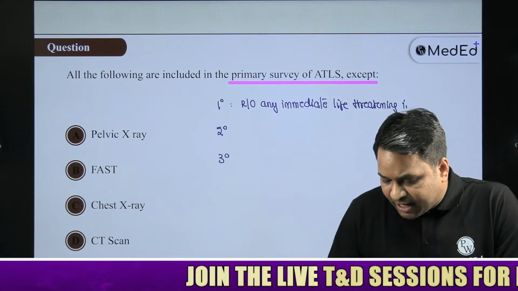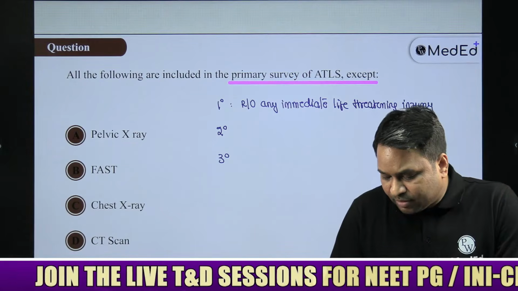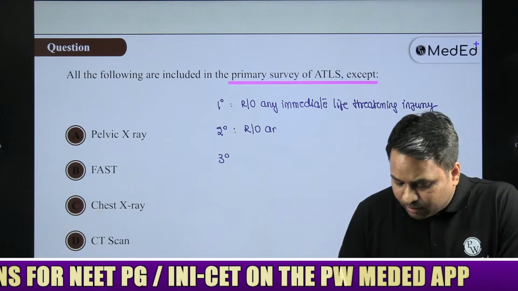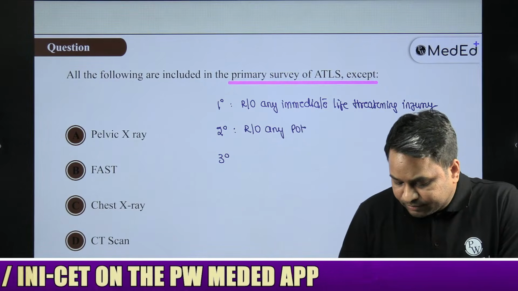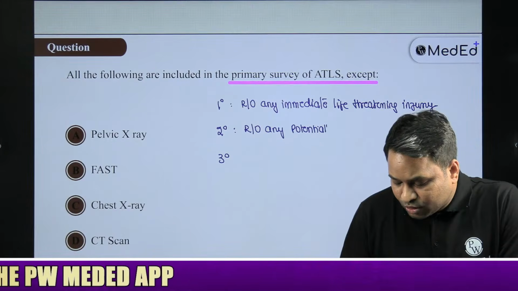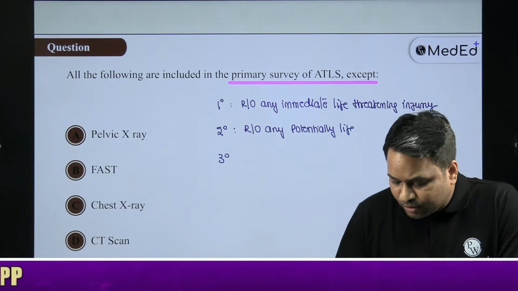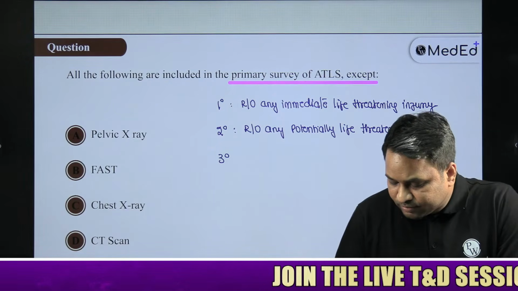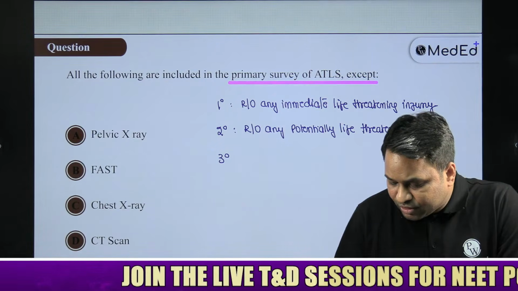This has to be fast, quick, easily available and accessible. The secondary survey is done to rule out any potentially life-threatening injury, so there is a detailed evaluation here.